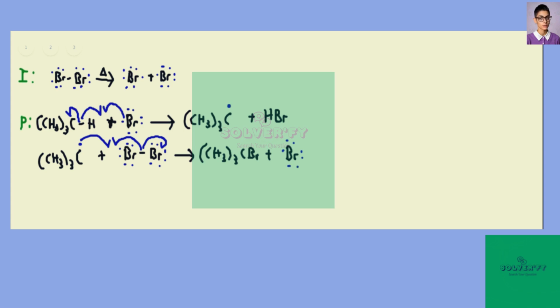Lastly, our termination step is going to be when two radicals come together, and after the termination step, there's no more active radical species, and that is why the reaction terminates. That can look like this.